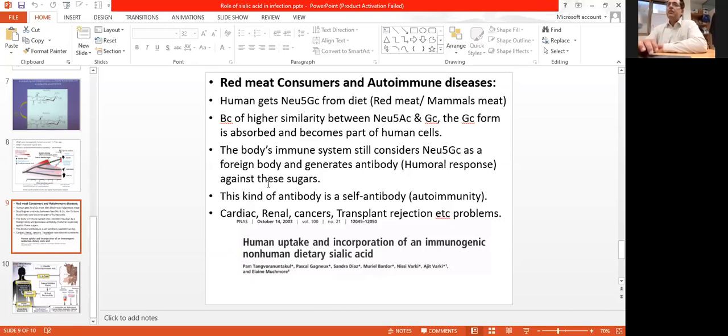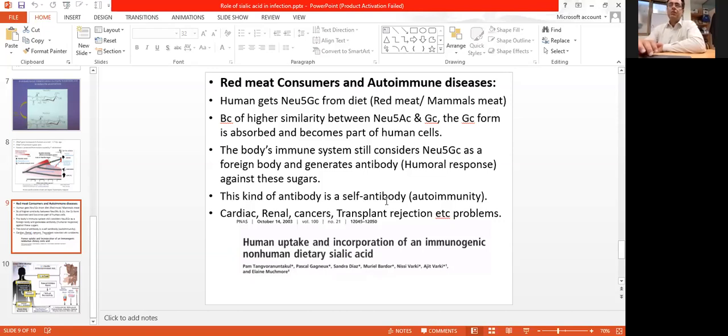An antibody response, a humoral response, would be generated against this particular GC form. And this kind of antibody is called an anti-self antibody. This condition is autoimmunity. So people who are consuming more red meat are more prone to develop these autoimmune conditions, which include cardiac conditions, heart problems, kidney problems, different types of cancers, and transplant rejections.